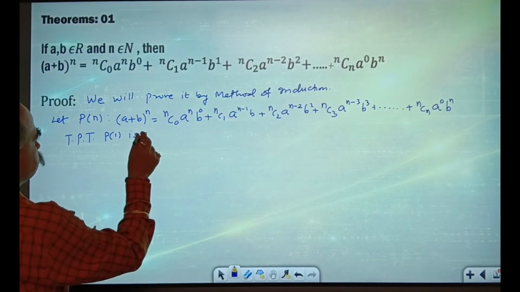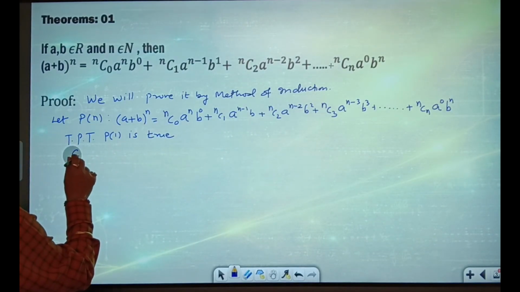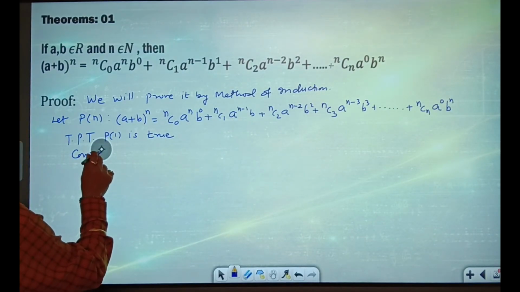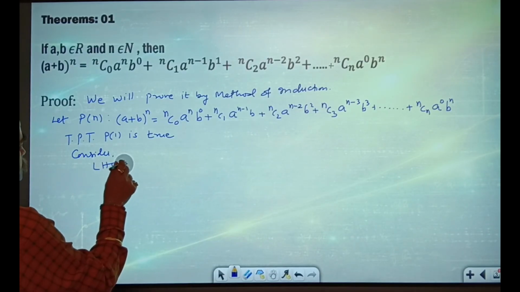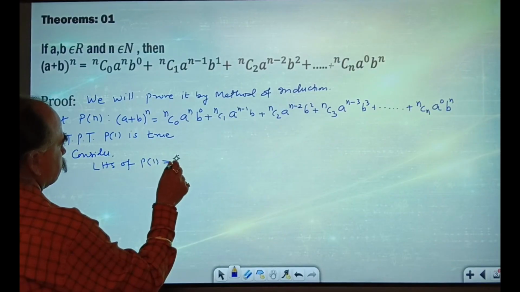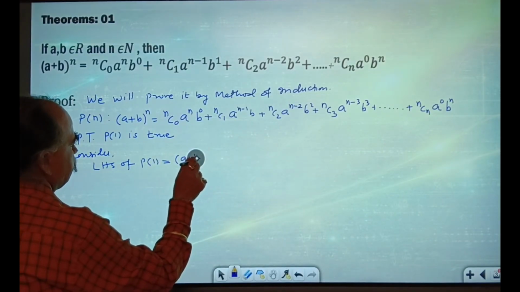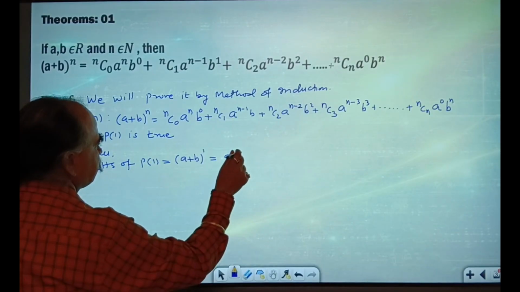P1 is true. Consider LHS of P1. (a plus b) raised to 1, which is the same as a plus b.